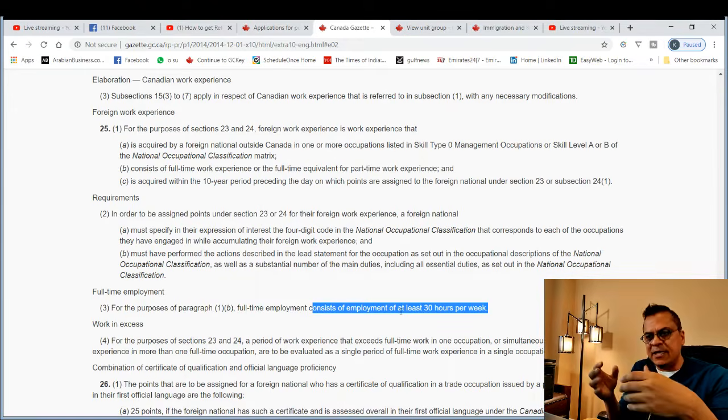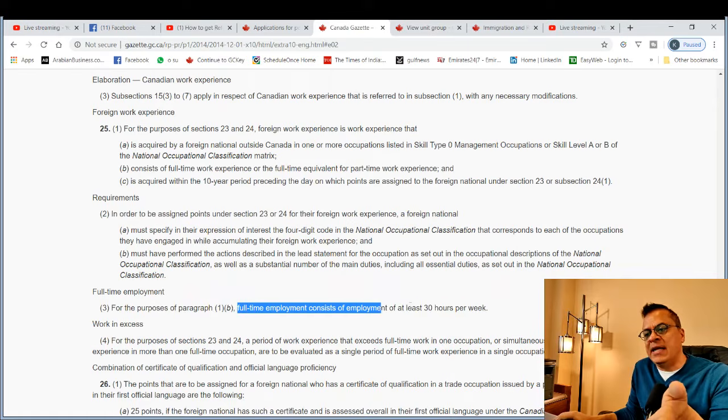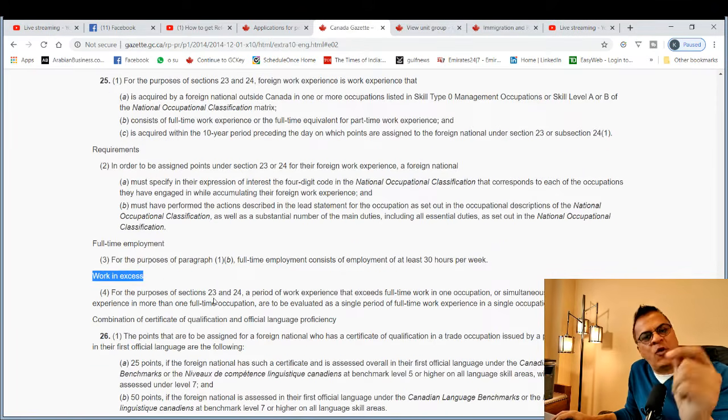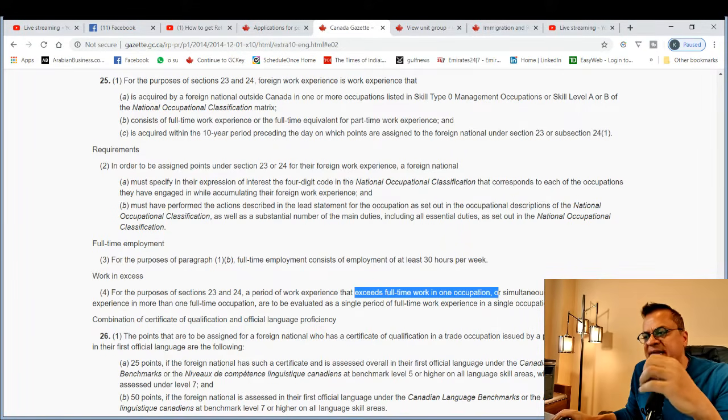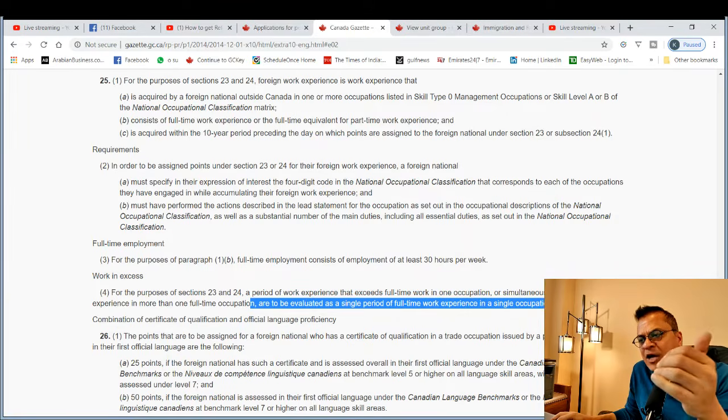So this is where it talks about the fact that it should say full-time employment, or it should say 30 hours per week. It also addresses the matter of work in excess. For the purposes of sections 23 and 24, a period of work experience that exceeds full-time work in one occupation, or simultaneous periods of work experience in more than one full-time occupation, are to be evaluated as a single period of work experience in a single occupation.